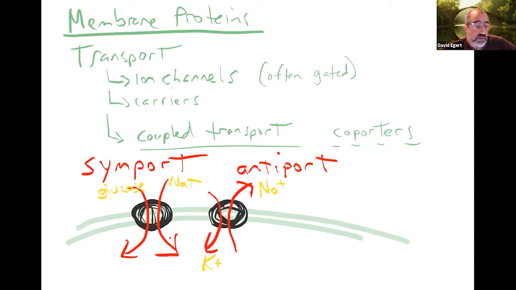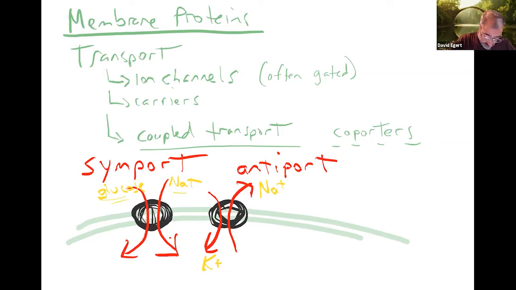So antiport is one thing goes in and it's coupled to something else going out. Symports, two things have to move the same direction. They could be moving in or out, but they have to both be docked and both move together as a couple, so to speak.